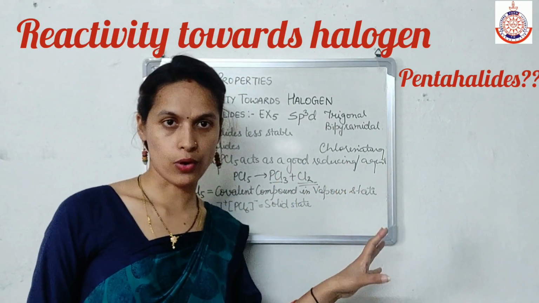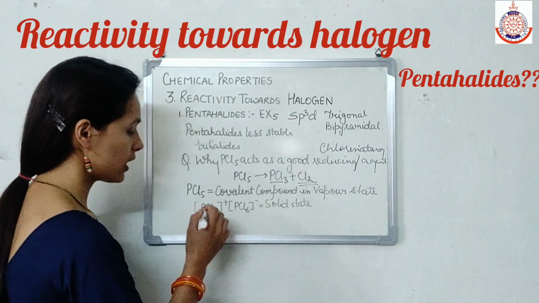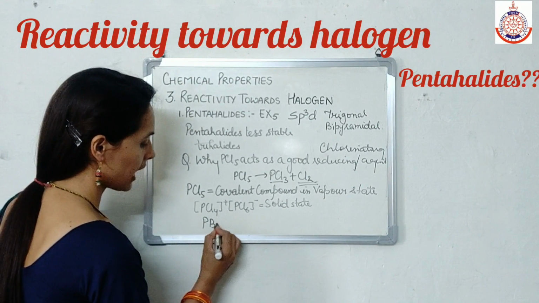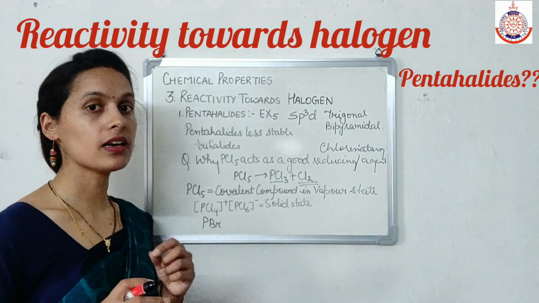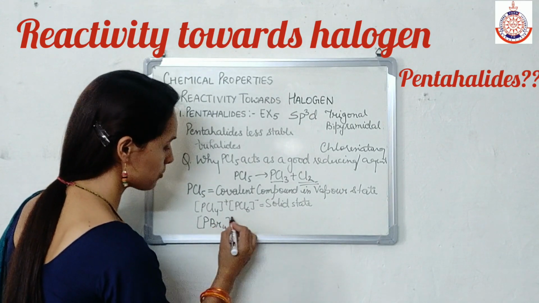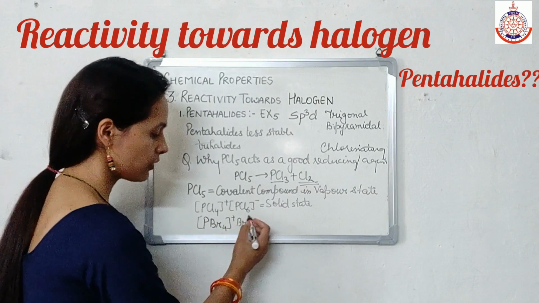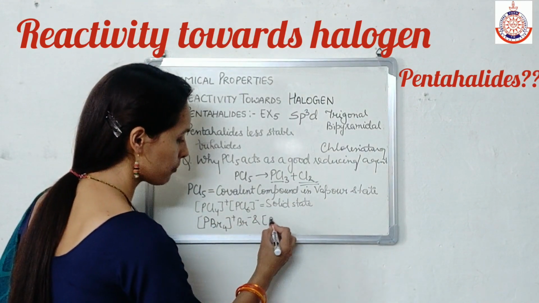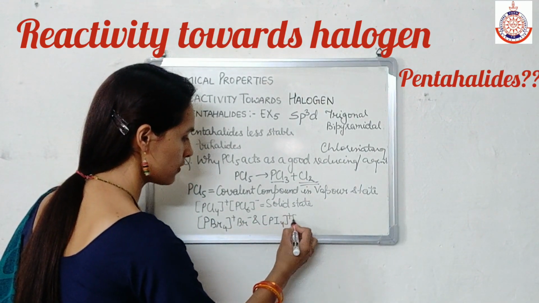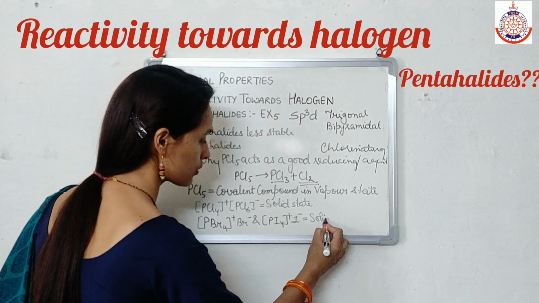If I talk about PBr5 and PI5 in the solid state, they also exist as PBr4 positive, Br negative, and PI4 positive, I negative.